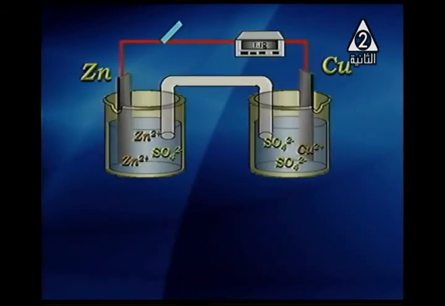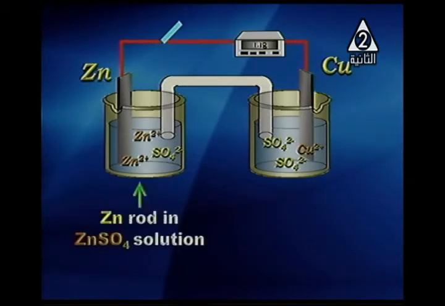After that, we have this cell here. Again, this one is Zn, and in the other part we have Cu. Here the Zn rod is in ZnSO4 solution. It must have the same solution of the metal. If I replace the zinc by aluminum, I need aluminum sulfate, for example, or aluminum nitrate, any metal solution.